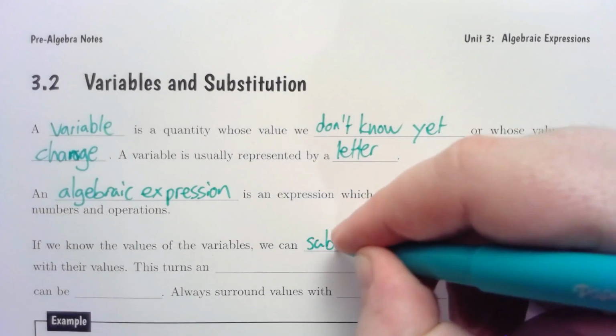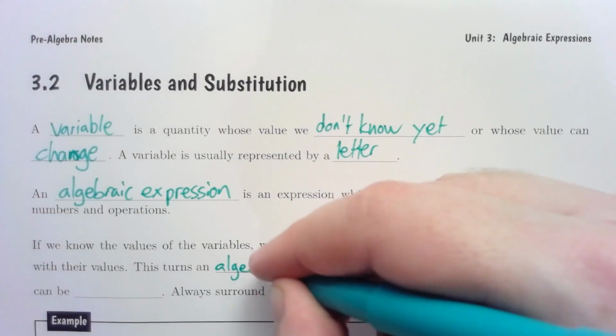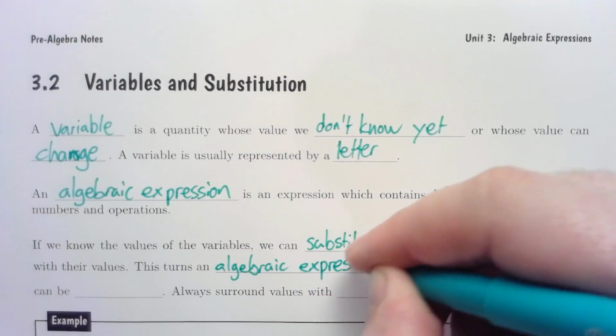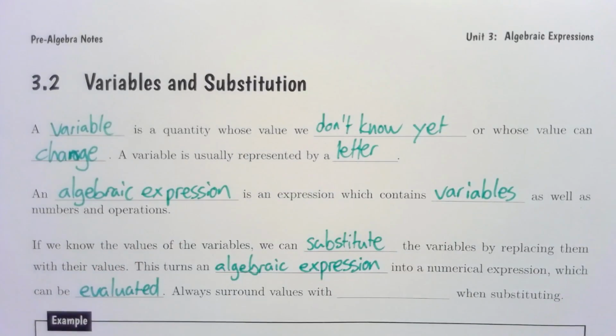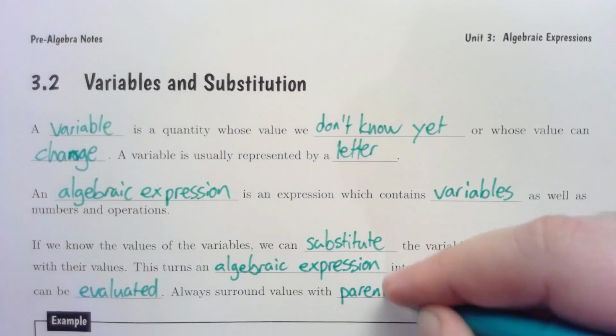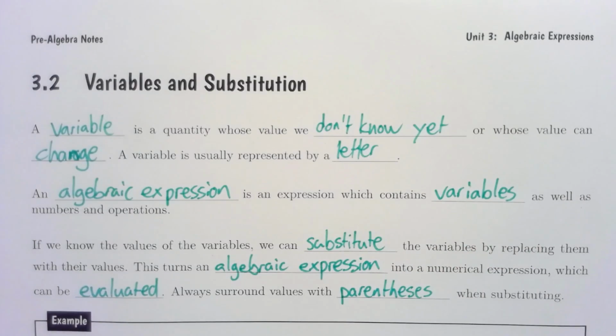If we know the values of the variables, we can substitute the variables by replacing them with their values. This turns an algebraic expression into a numerical expression which can be evaluated. Now, you should always surround values with parentheses when substituting. We won't get into the details why right now, but it is a very good habit for you to start building from this point on.